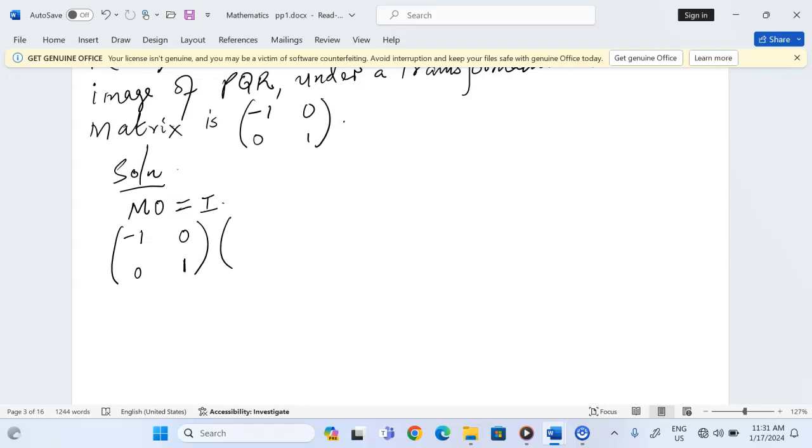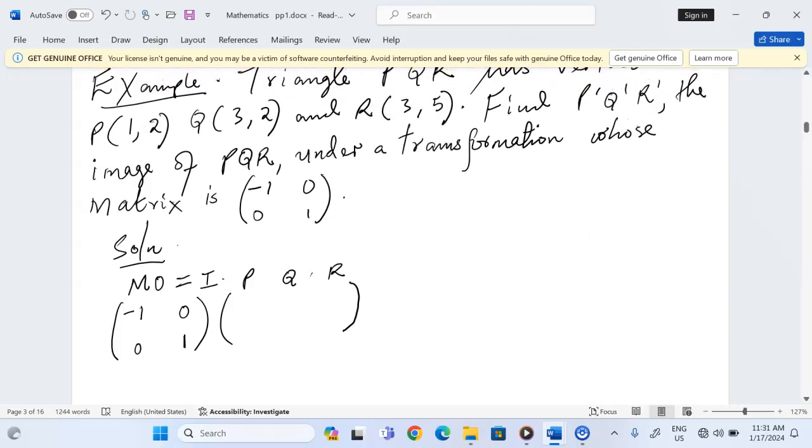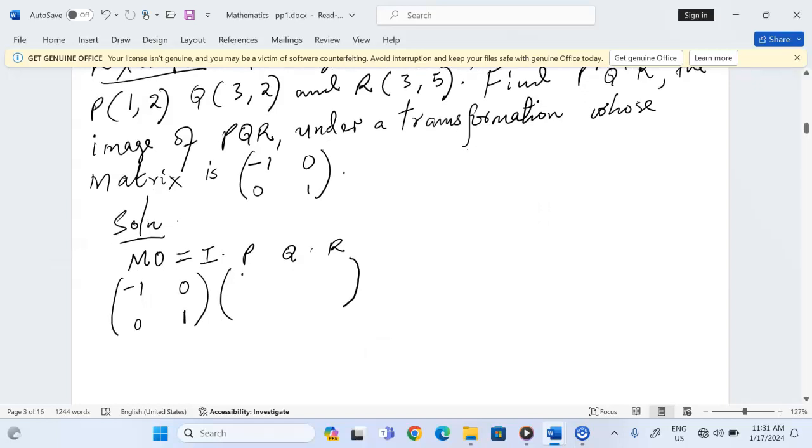Then the object we have is triangle PQR. Now we form vectors from these coordinates, such that we have a column vector for P, which is (1, 2), for Q we have (3, 2), and for R we have (3, 5). Then we carry out the multiplication of the two matrices.